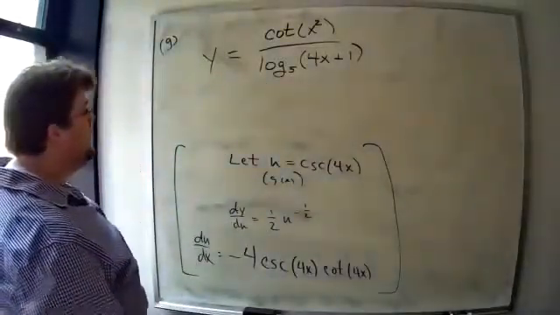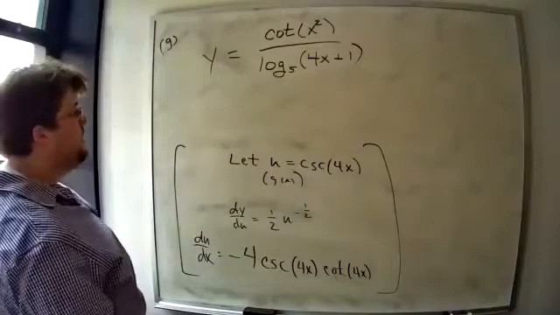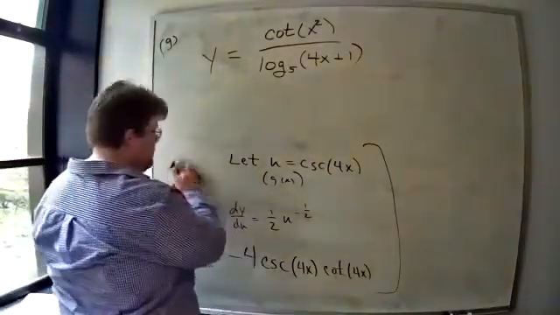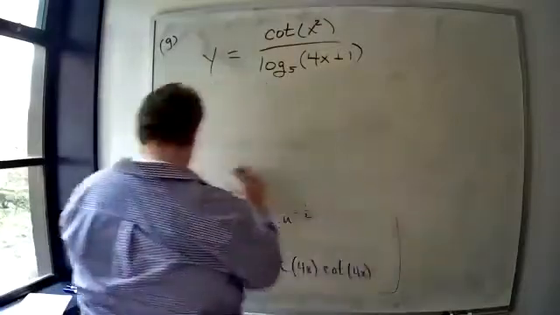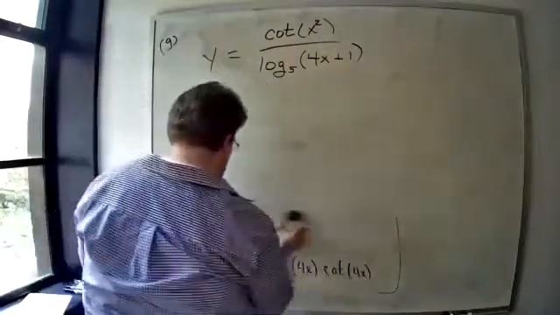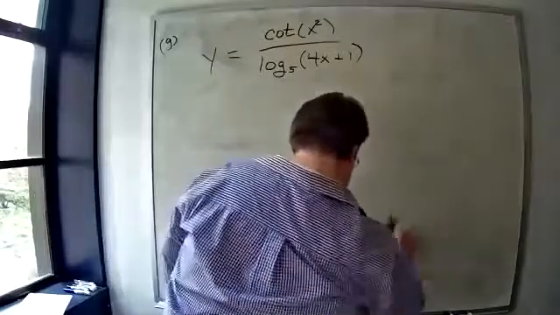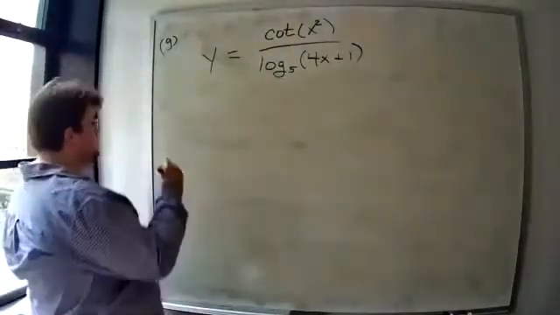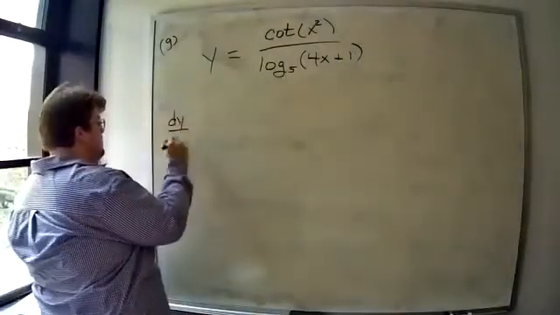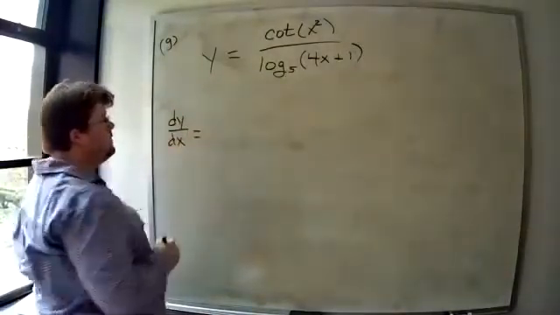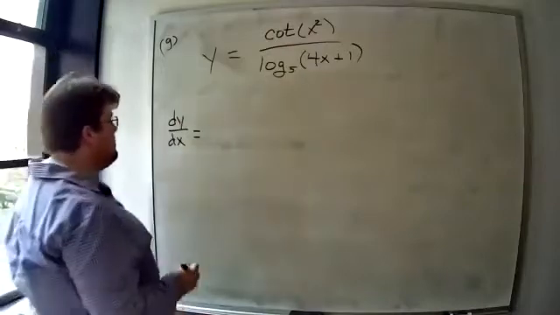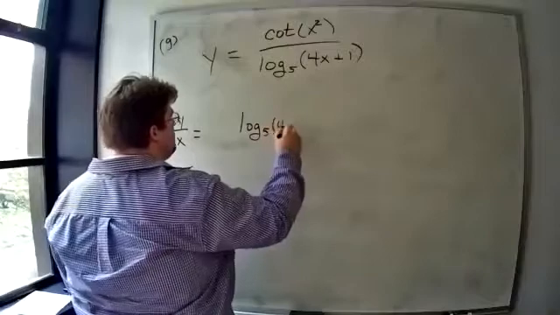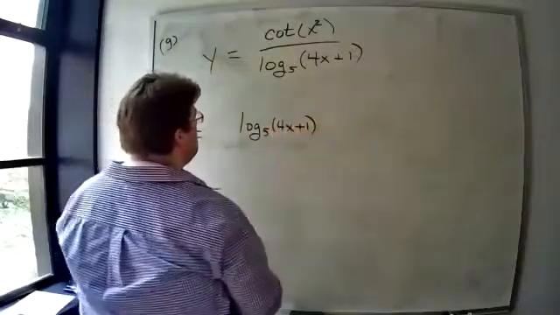Well, before even getting there, we observe we have here a quotient. So we're going to need a quotient rule. And I'm going to start filling in the quotient rule now, and then we'll do some on the side. So for a quotient rule, we need what? Bottom times the derivative of the top.